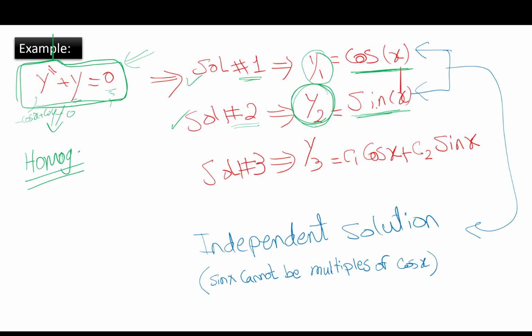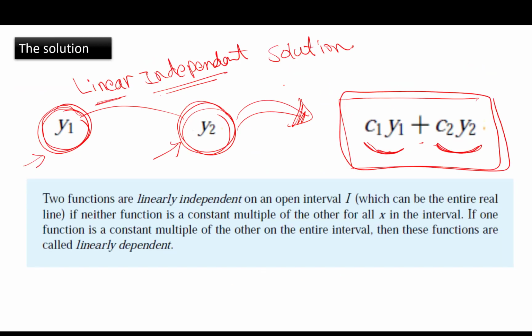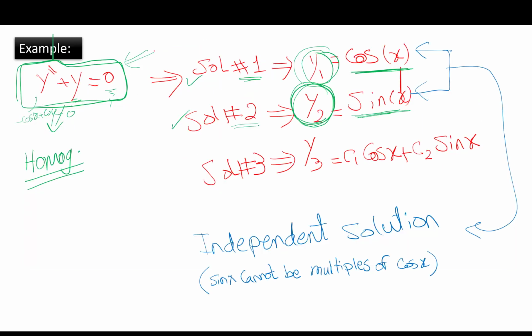Then we should look at y1 and y2 first. Remember, there is a condition that I put here. It is what? Yes, linearly independent. What is the meaning of linearly independent? It means that we want to guarantee that y1 does not equal a multiple of y2, the solution.